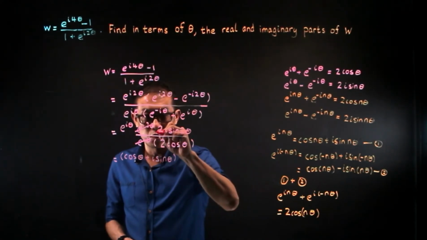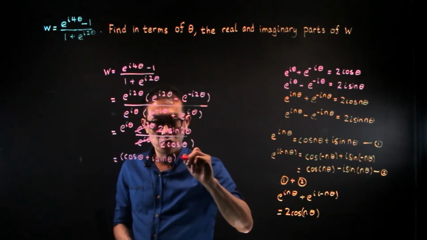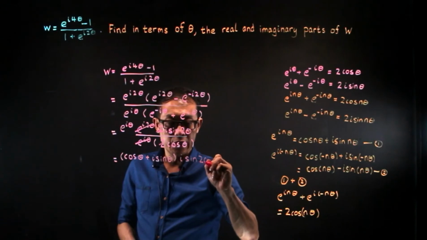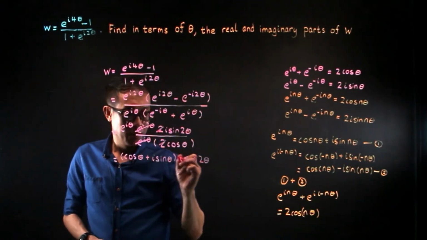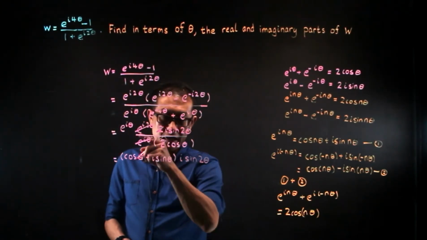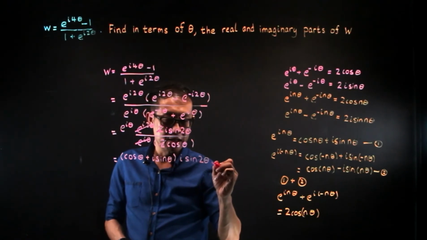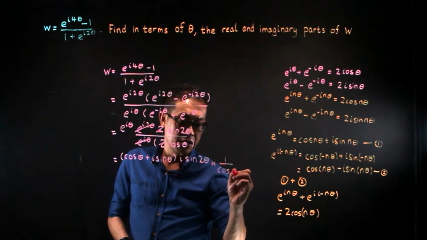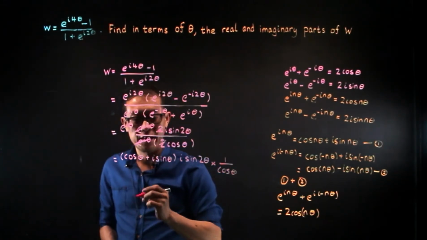And this 2 also cancels out over here, so I'm left with i sin 2θ. Instead of writing the whole denominator, I just put times 1 over cos θ.